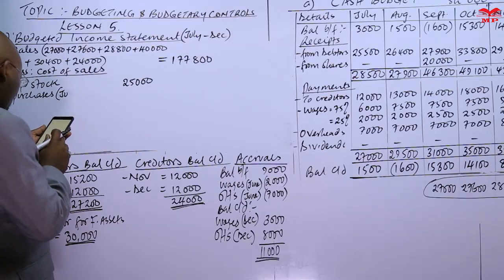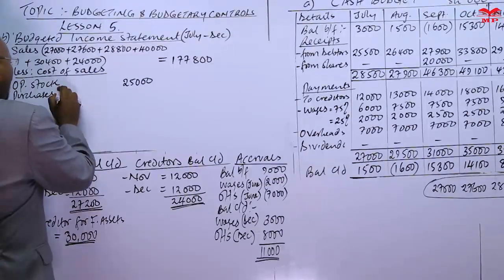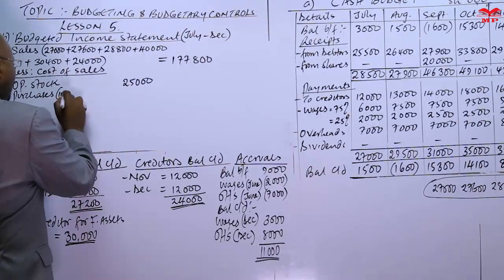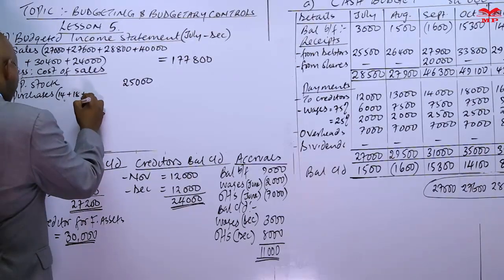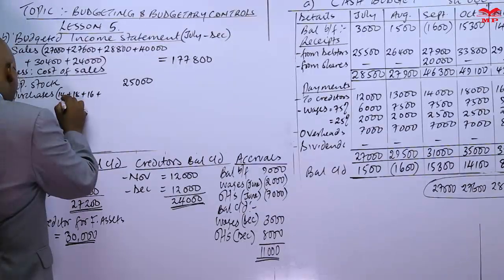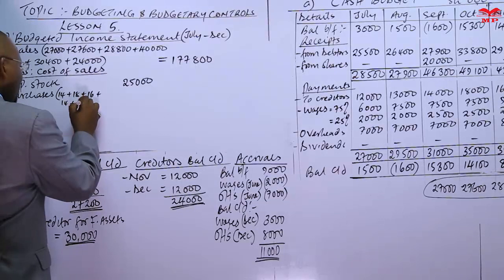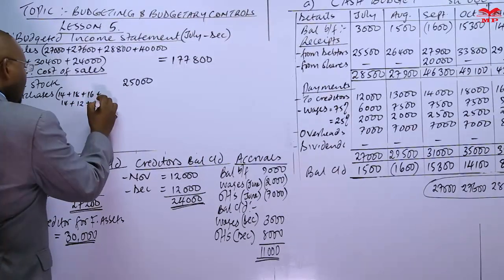purchases of July is 14. So if you add, you're having 14 plus August is 18 plus September is 16 plus October is 14 plus 12 for November and 12 for December.